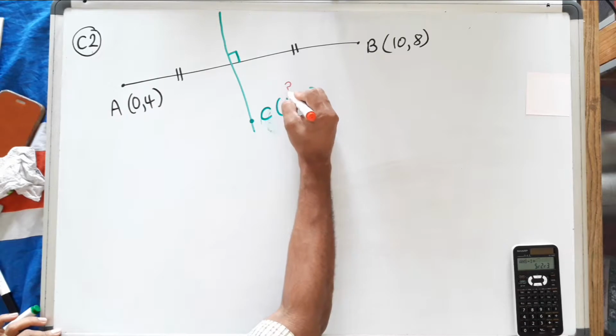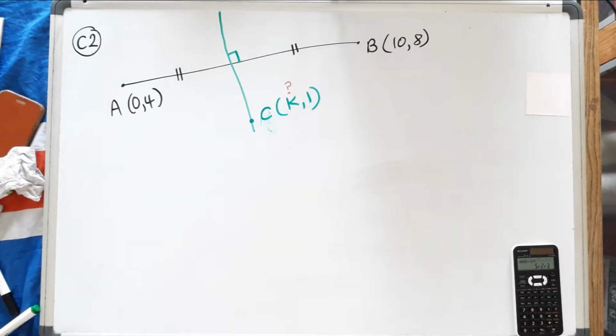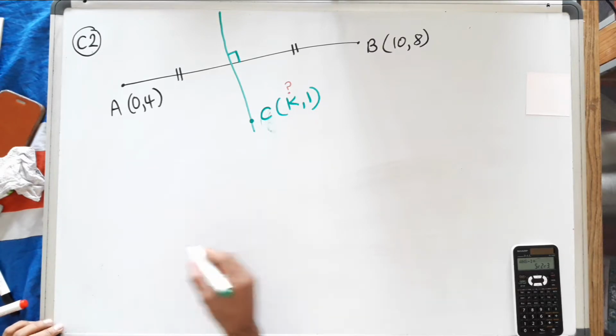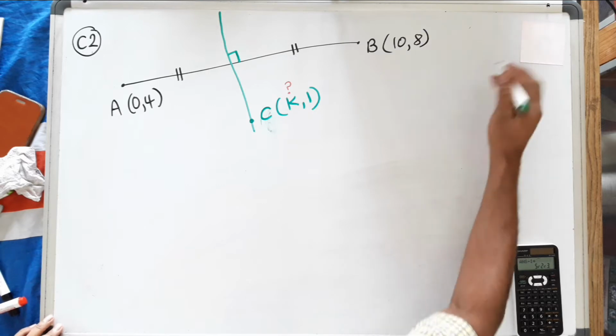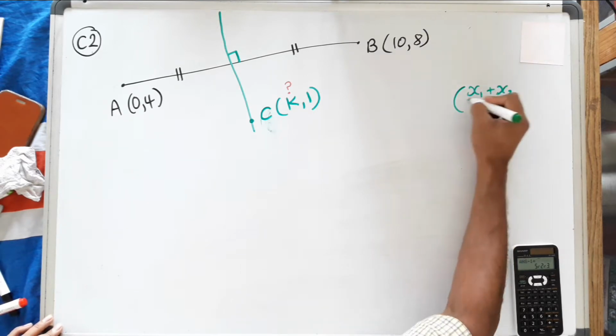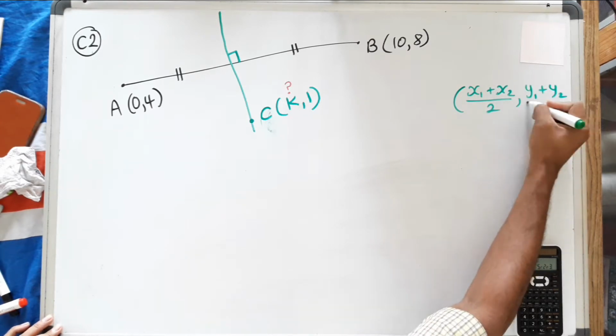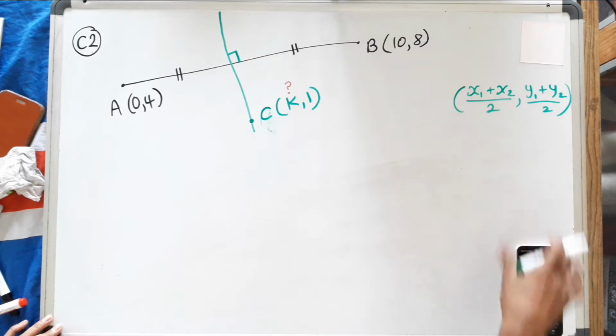All right, so this is going to be tons of fun. First things first, just a quick refresher. How do you find the midpoint? The midpoint of the line is x1 plus x2 divided by 2, and the y coordinate is y1 plus y2 divided by 2.